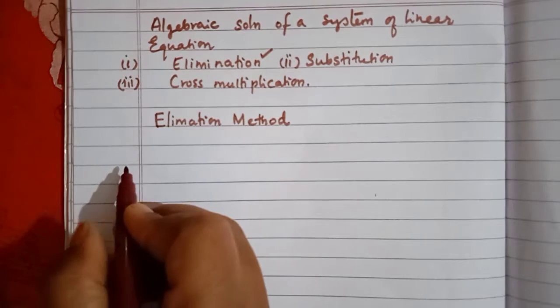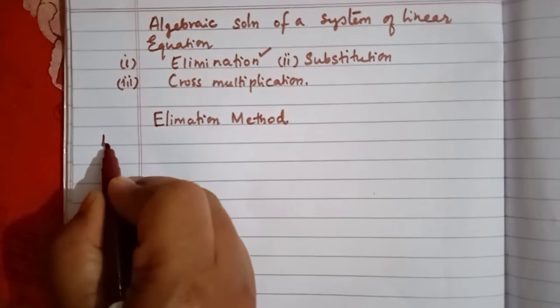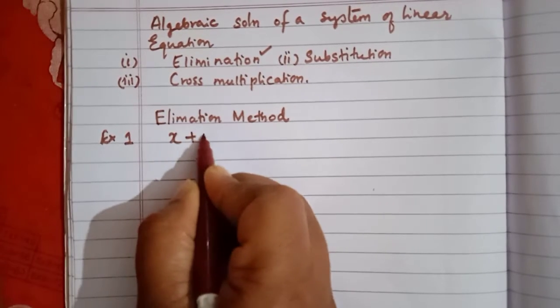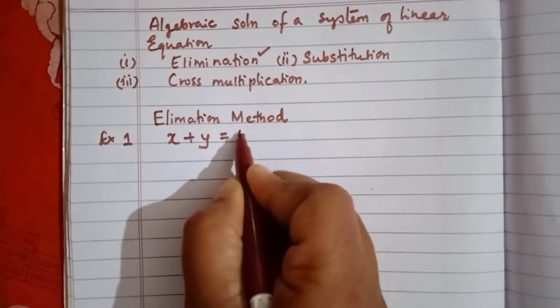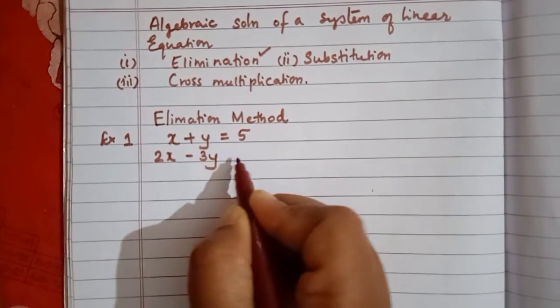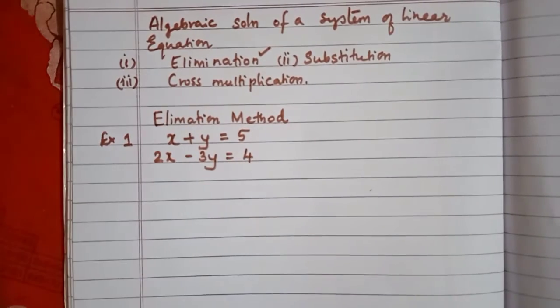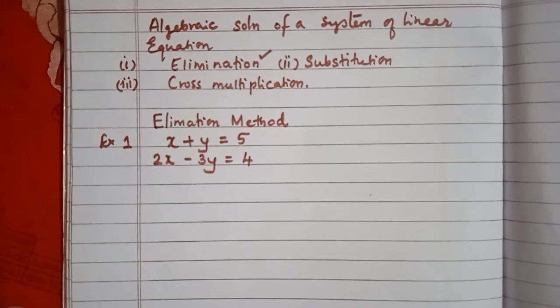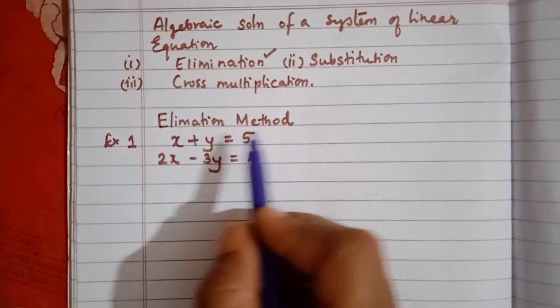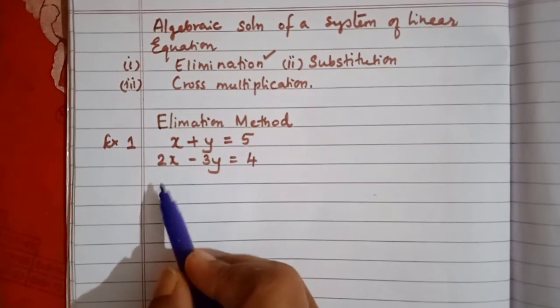We'll see the first example. Example 1. x plus y is equal to 5 and 2x minus 3y is equal to 4. When you are doing by elimination method, you need to observe the variables.